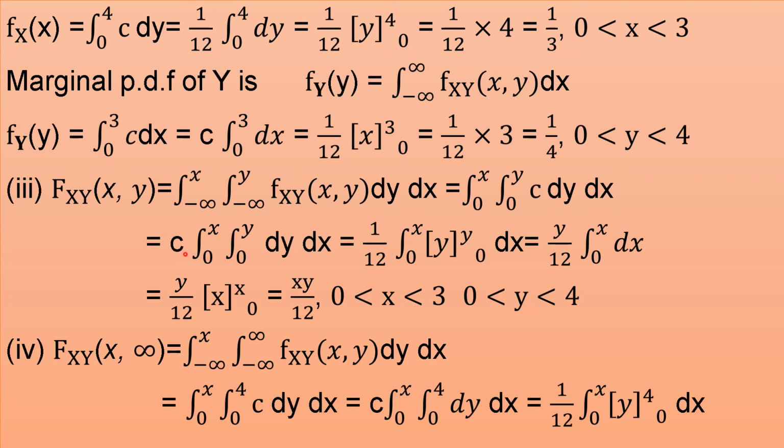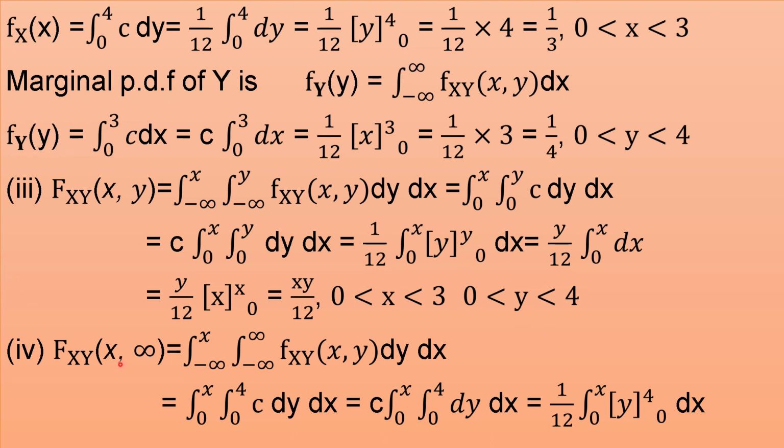So 1 by 12 into integral 0 to x, y dx, y kept outside the integral sign, y by 12. Integral dx is x, difference at x and 0 means x minus 0 is x. So y by 12 into x, or xy by 12, where x varies from 0 to 3, y varies from 0 to 4.